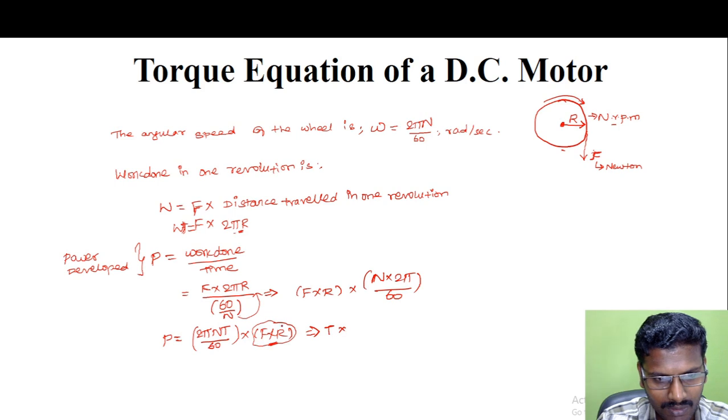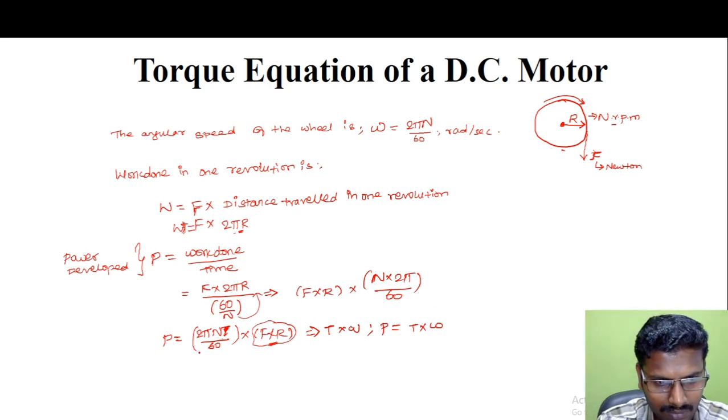Into this 2πN divided by 60, and 2πN divided by 60 is omega. Omega is angular speed, right? Therefore, P, the power developed in the wheel, is equal to torque into omega.